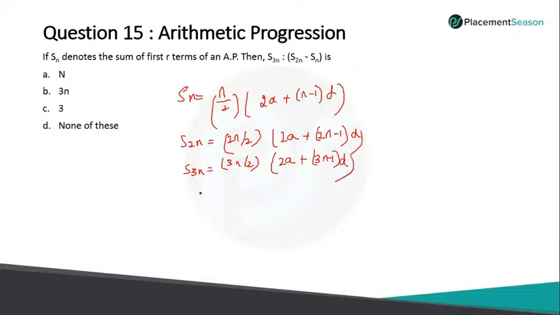Now we need to find the sum of 2n minus the sum of n. If I subtract these two, on solving you'll get 1 by 3 into the sum of 3n.